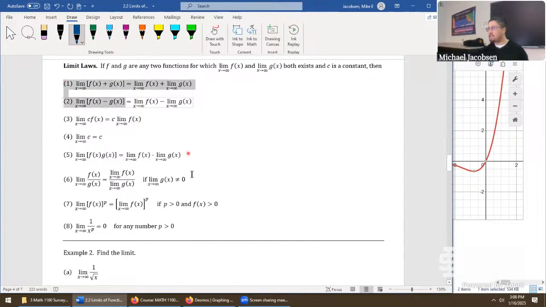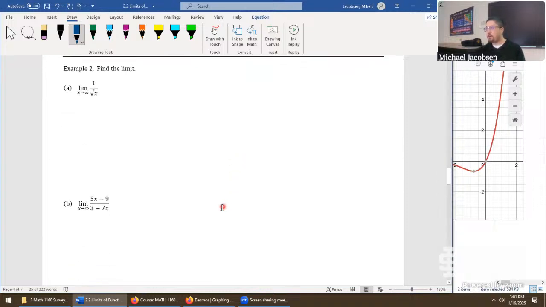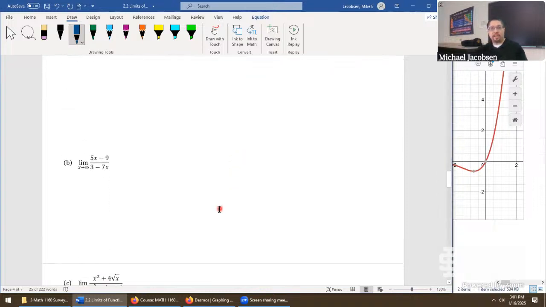But think of this as very analogous to when you're given a set of exponent laws. There's like 15 different exponent laws, depending on how you count them. But the idea is no student really tries to memorize every single exponent law verbatim. What you do is you just practice problems and you learn what you can take for granted with exponent laws, what you're allowed to do, and it becomes second nature after a while.